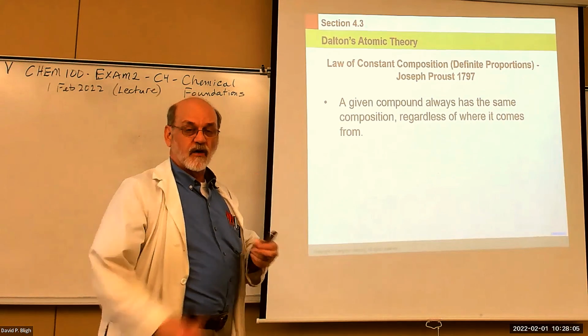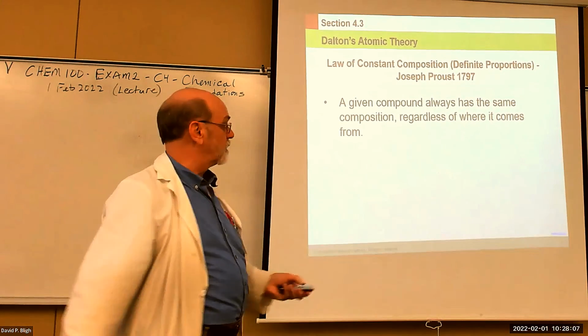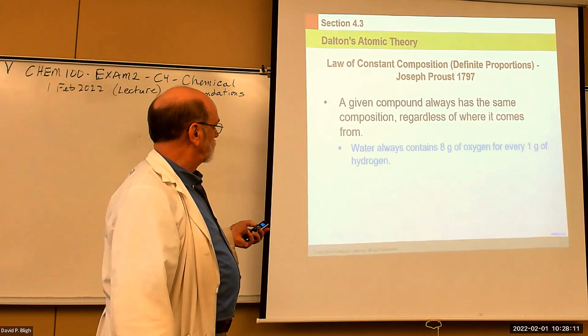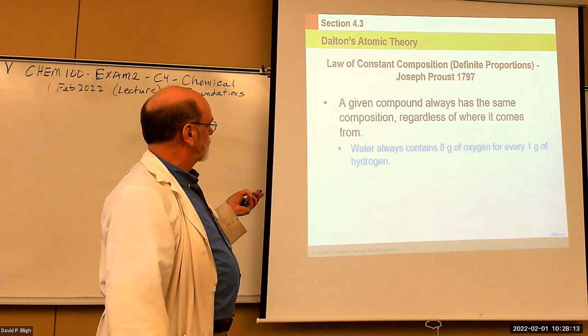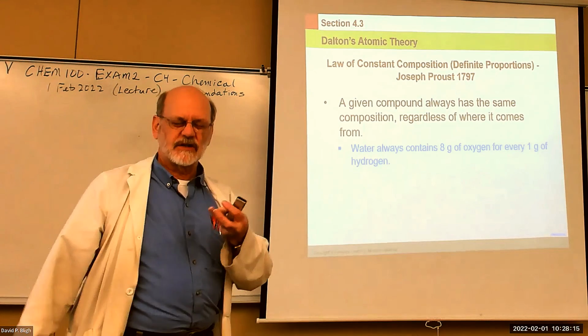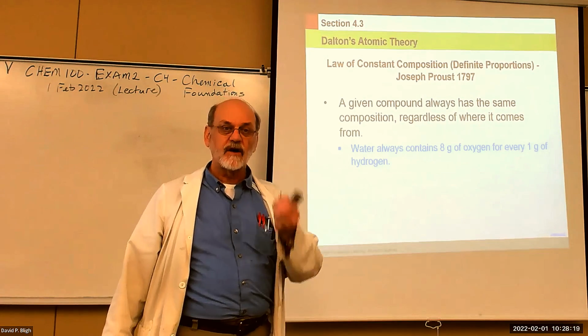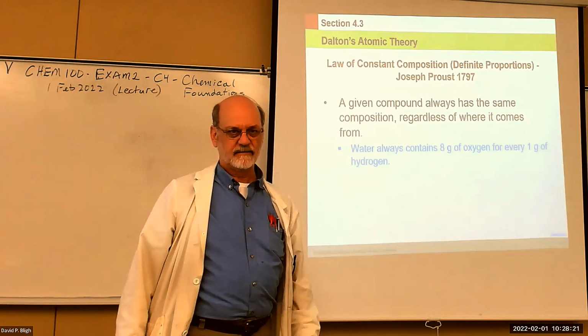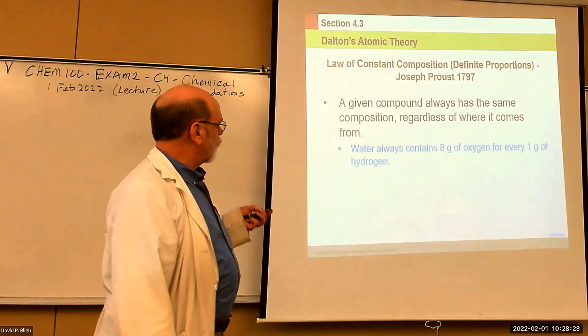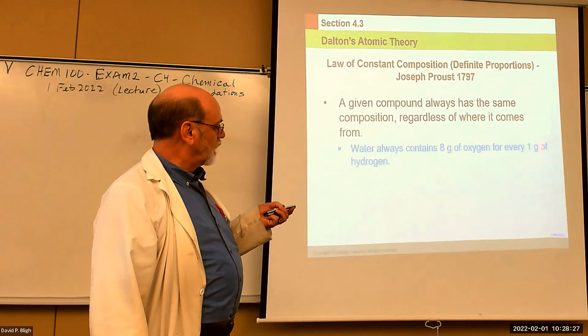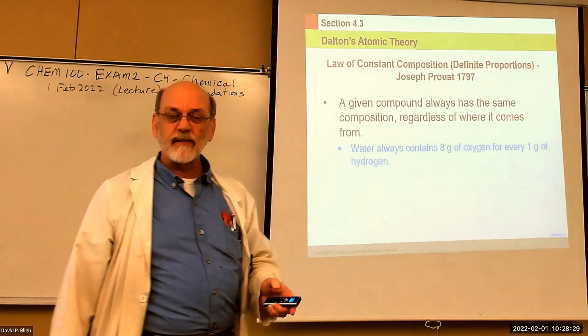In that case, wherever that compound came from, the composition of the compound, the ratio of the masses of the elements in that compound, are always the same. So for water, 8 grams of oxygen will always be combined with 1 gram of hydrogen.